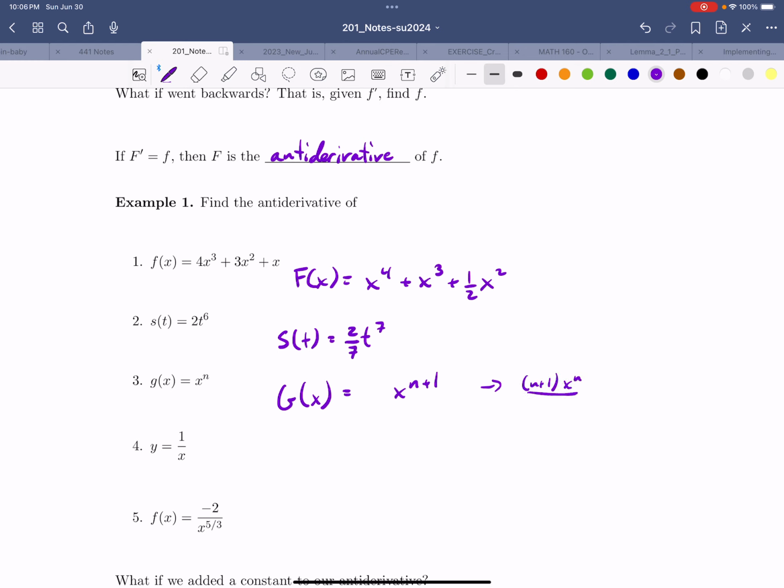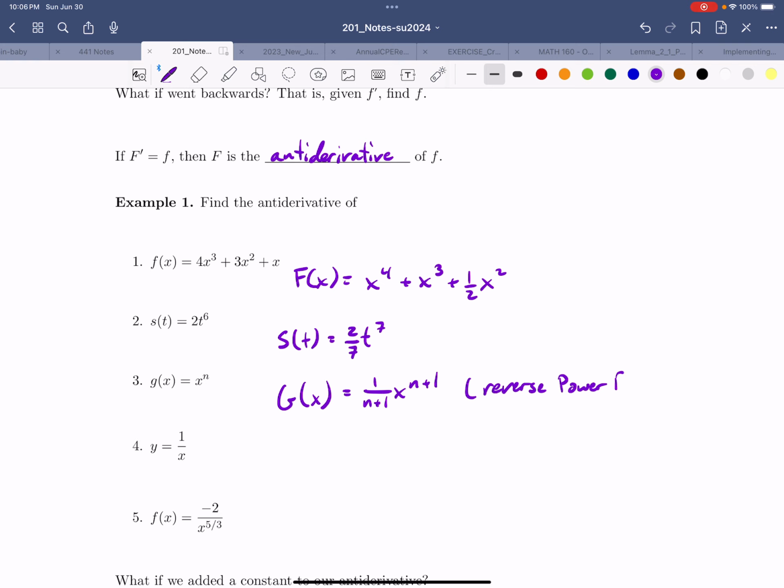And we didn't want that. We just wanted x to the n. So we divide out by the n plus 1. So over here, we do 1 over n plus 1, x to the n plus 1.